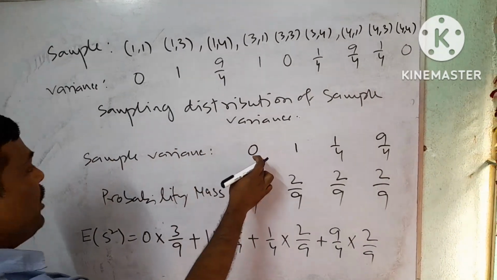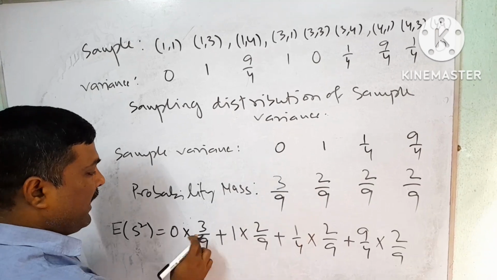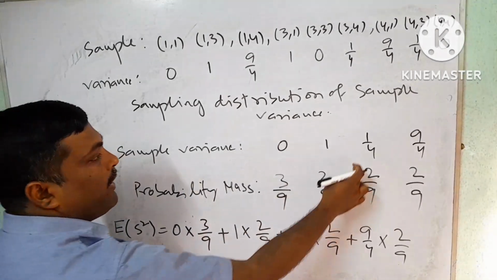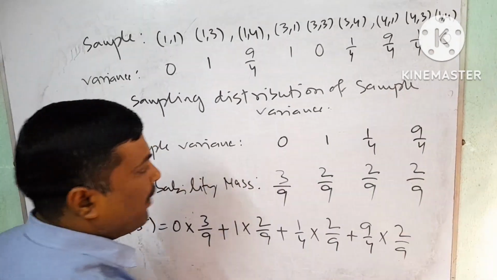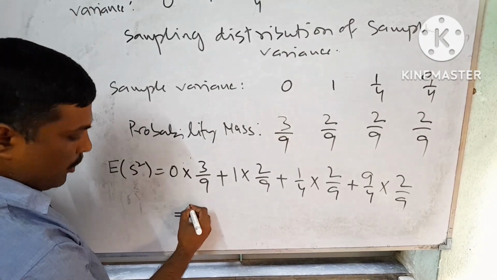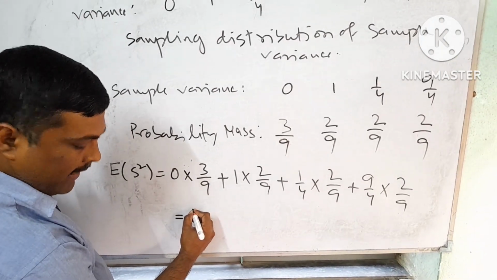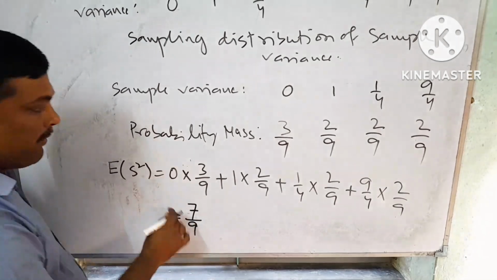That is, the sample points into the corresponding probability mass. You will get 7 by 9.